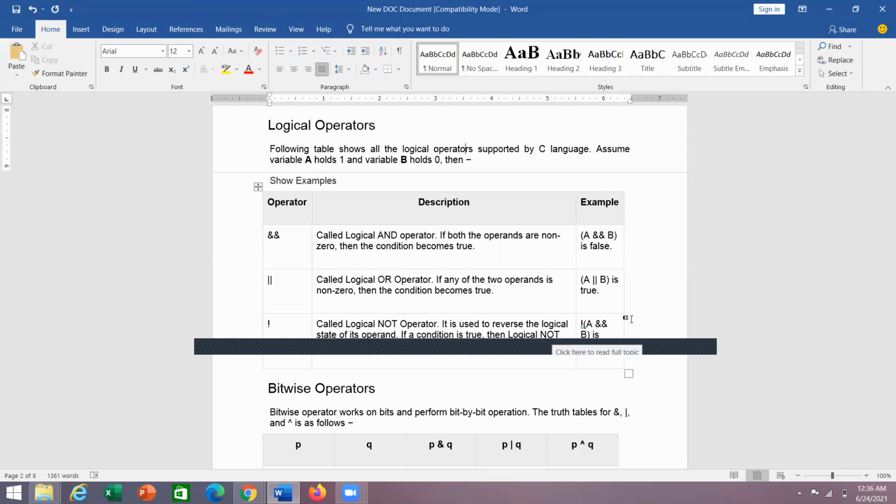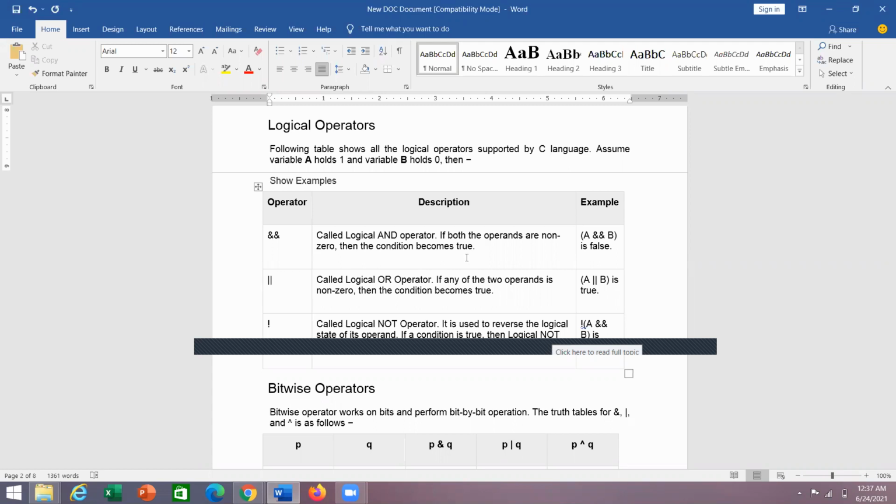Here A holds the value 1 and B holds the value 0. Here AND is called the logical AND operator. If both operands are non-zero, then the condition becomes true. For example, if both conditions are true, it becomes true.